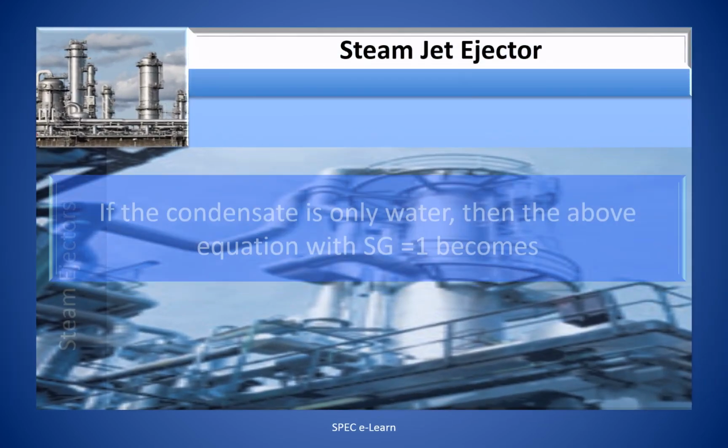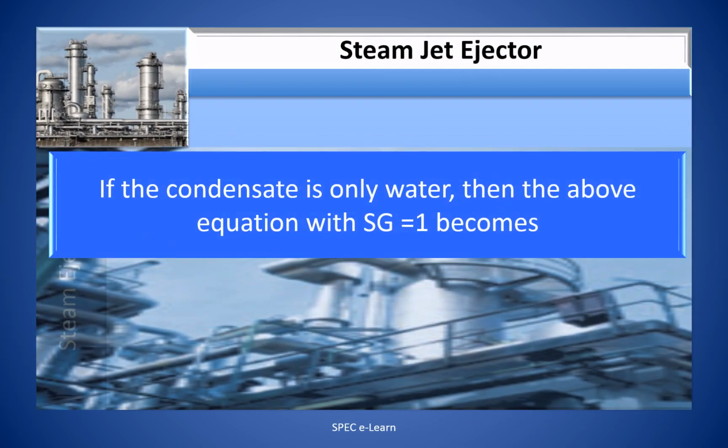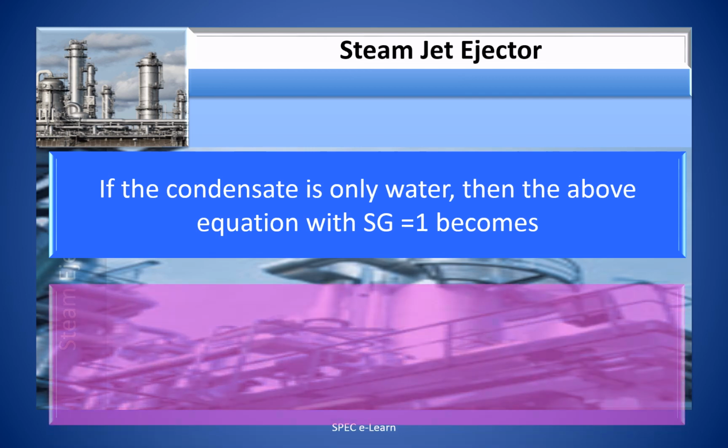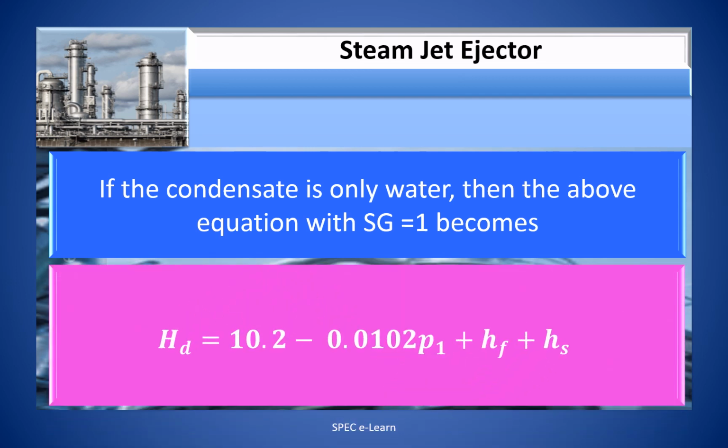If the condensate is only water, then the above equation with the specific gravity equal to 1 becomes HD equal to 10.2 minus 0.0102 P1 plus HF plus HS.